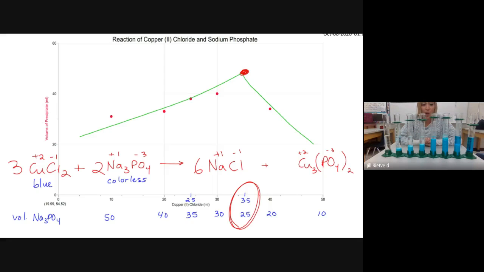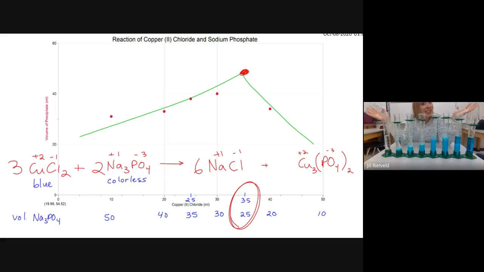Okay, so then what I wanted to do was look for the combination that gave me the most precipitate. And I found it to be this guy here. It was the ratio of 35 milliliters copper chloride, 25 milliliters of sodium phosphate.